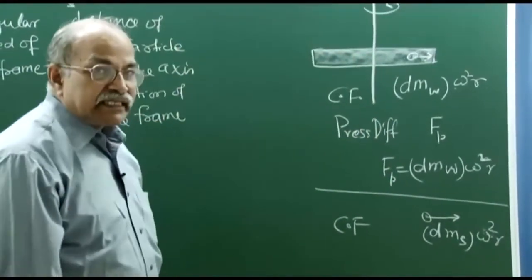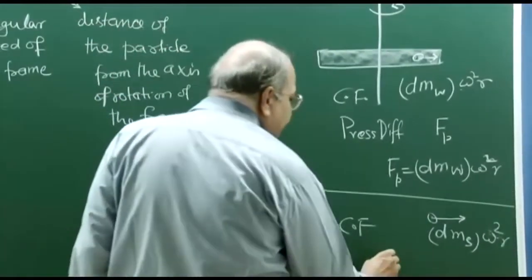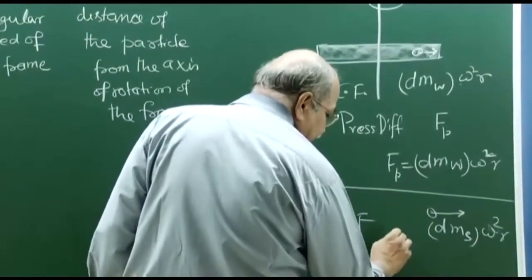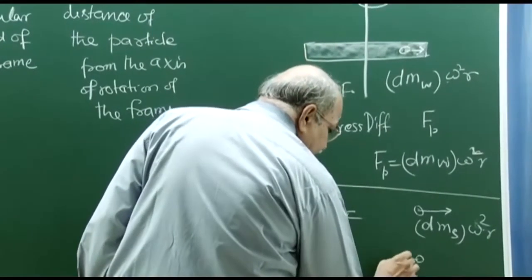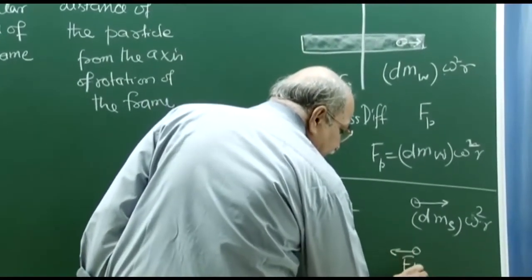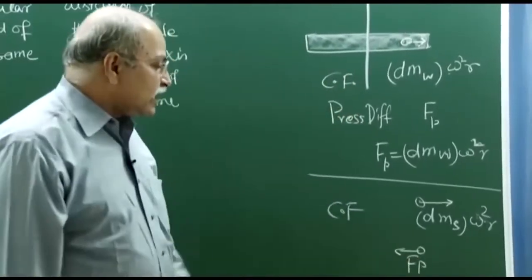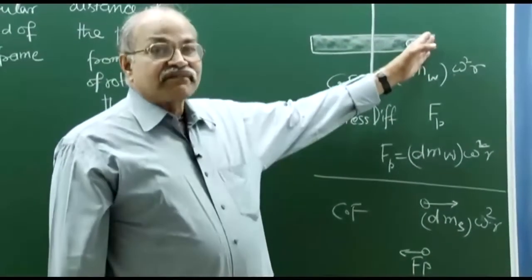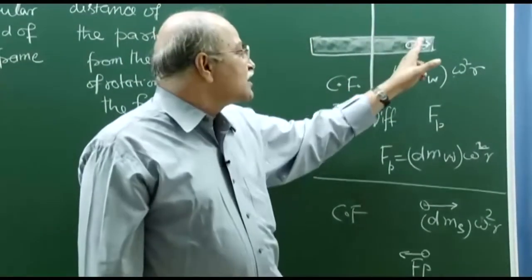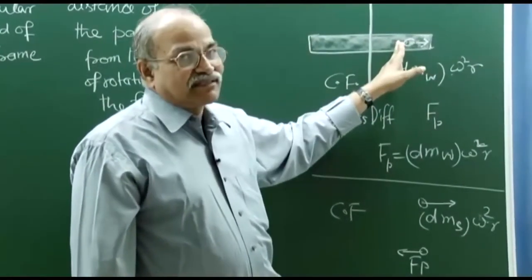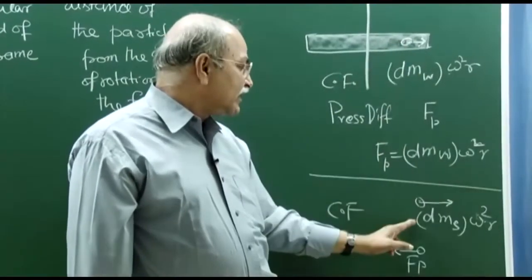This will be the centrifugal force, and the pressure difference force will remain the same. The pressure difference force, that is in this direction, remains the same. Why should it remain the same? Because it is a pressure difference. It is how water is behaving here. What is the pressure here? What is the pressure here? So that remains the same.